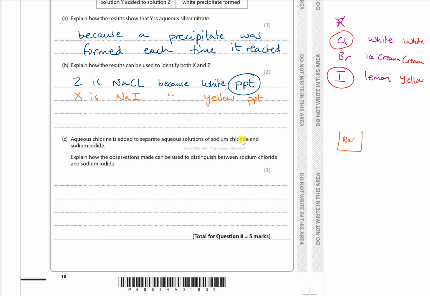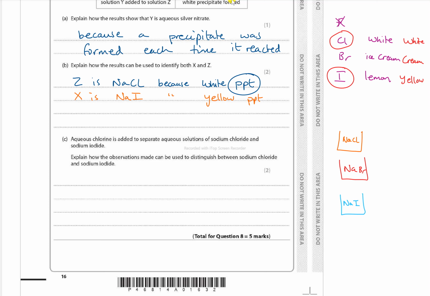Sodium chloride, sodium bromide, and then sodium iodide. So we know that they're in this sort of order.